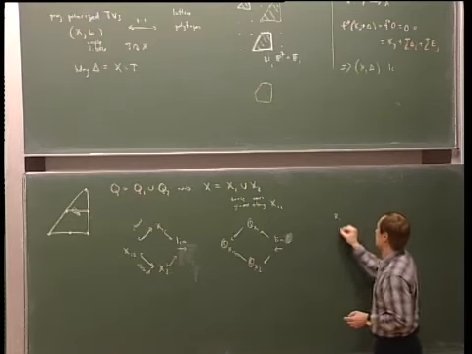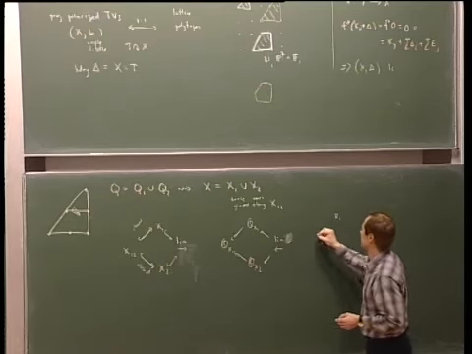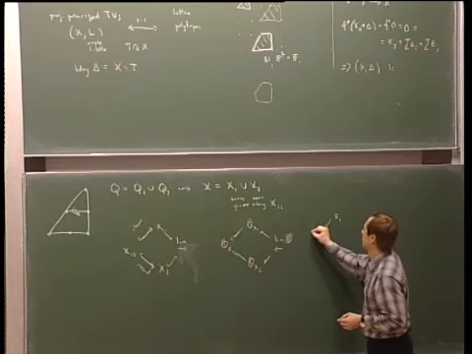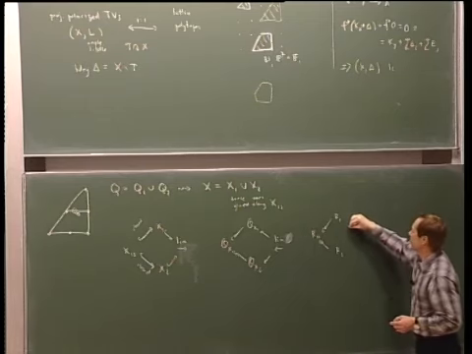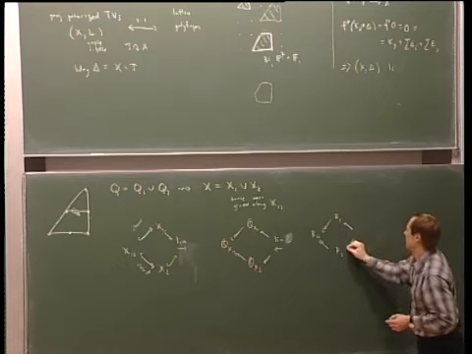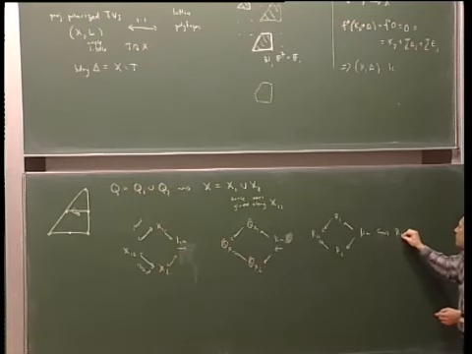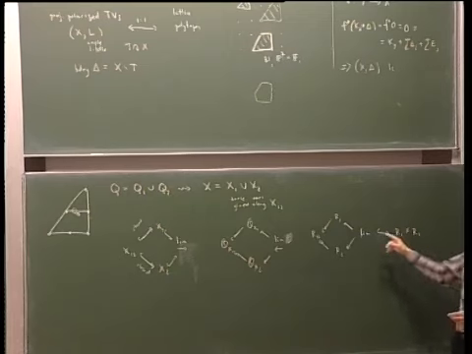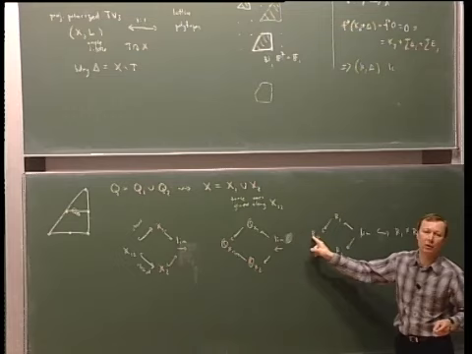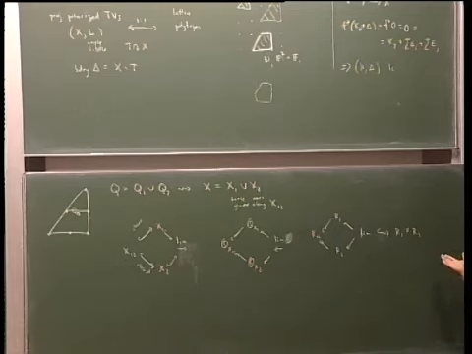For the rings, if there was R1 and R2 and R12, then this limit is a subring in R1 cross R2, a subring of pairs which have the same image there. That's all it is.